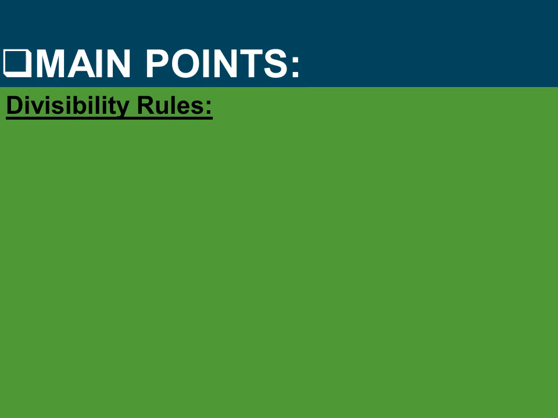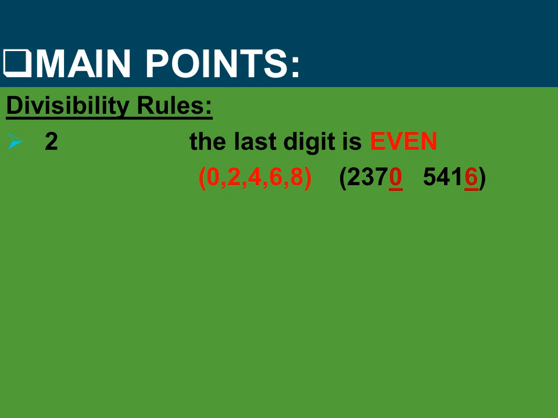Now dear students, we will revise the main points of our today's lesson. Today we have learned about the divisibility rule. Divisibility rule for 2. The rule is that the last digit is even.